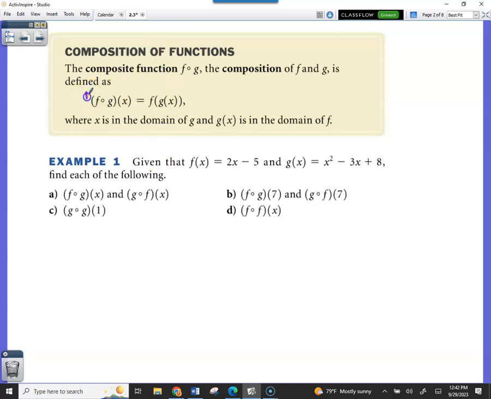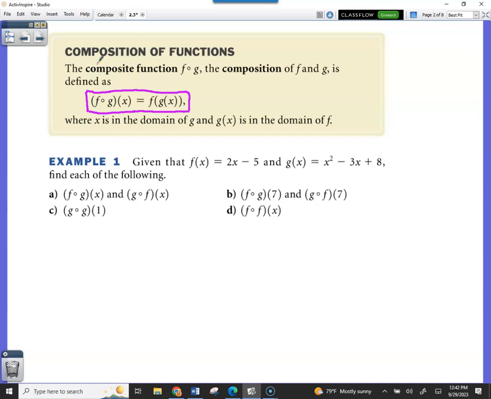Here's the new stuff. Right here is the new expression that you need to memorize what it means to do. It's called function composition. It means instead of plugging a number into a function, you're plugging a function into a function. Y'all with me?